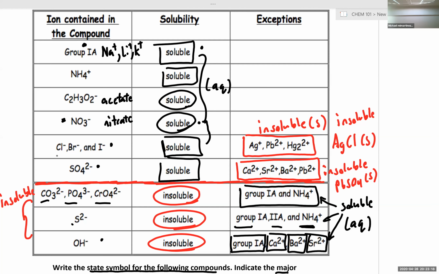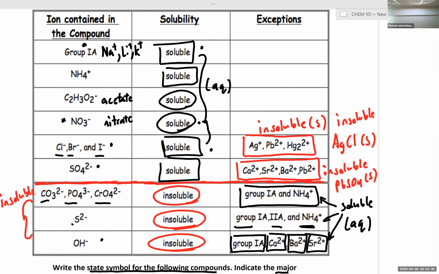Chloride, bromide, iodide, all of those are soluble except for silver, lead, or mercury. So do we see aluminum in our soluble column or insoluble?